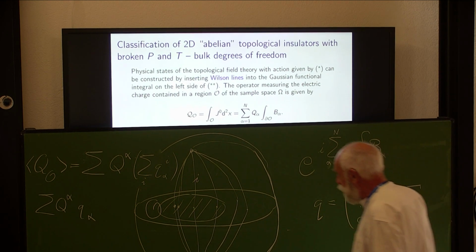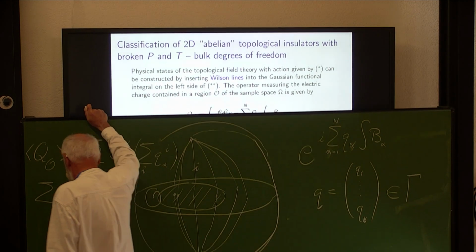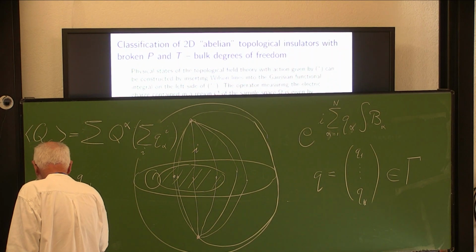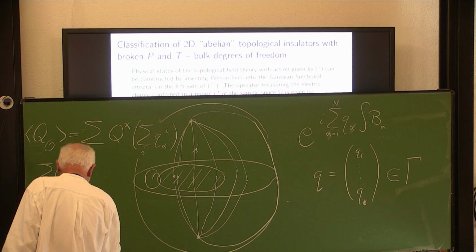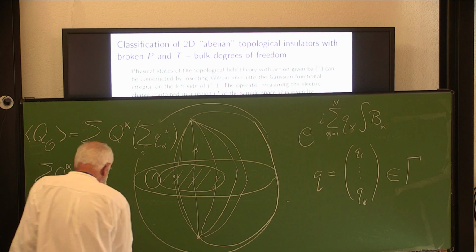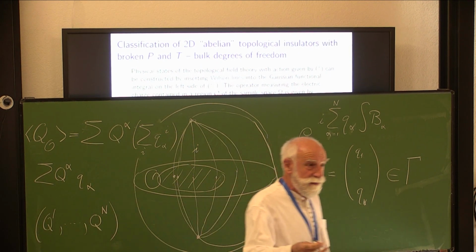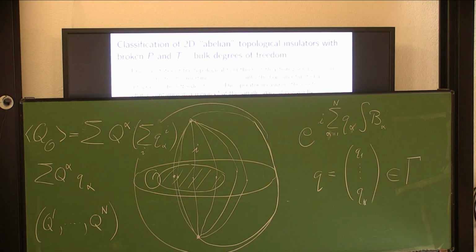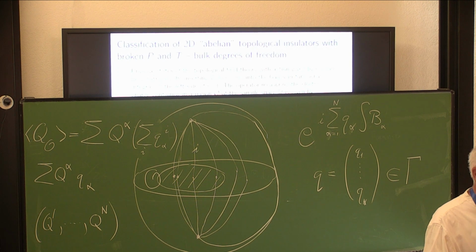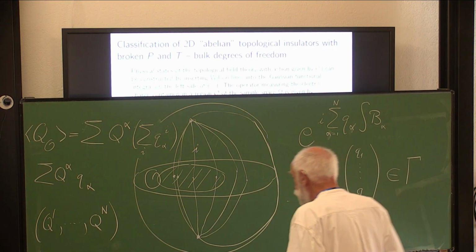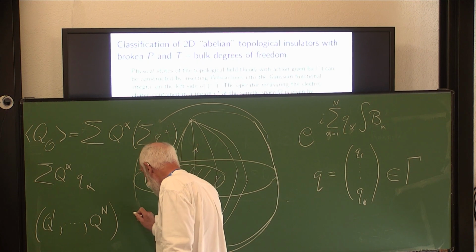So, in other words, the row vector q1 up to qn is a linear functional on this integral lattice with values in the integers. What is a linear functional on an integral lattice with values in the integers? It's an element of the dual lattice. So this is in the dual lattice.